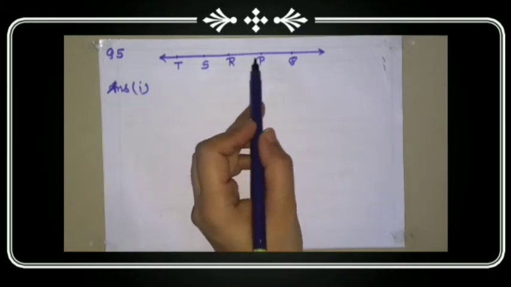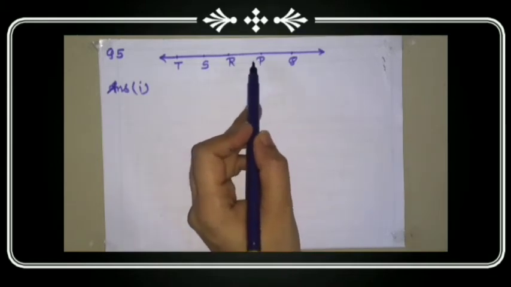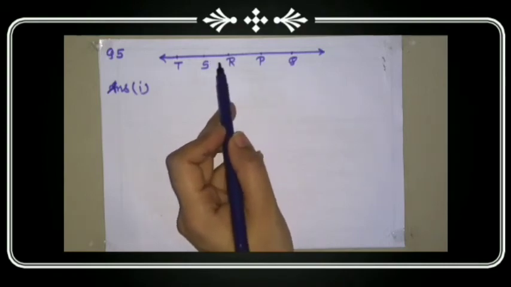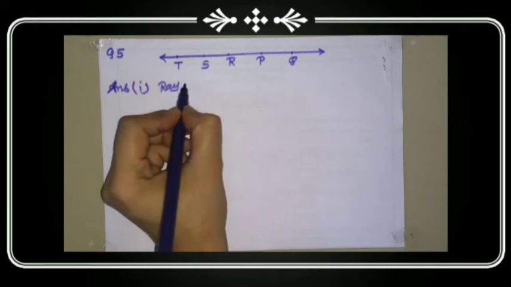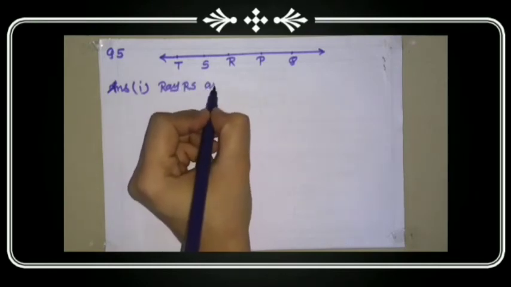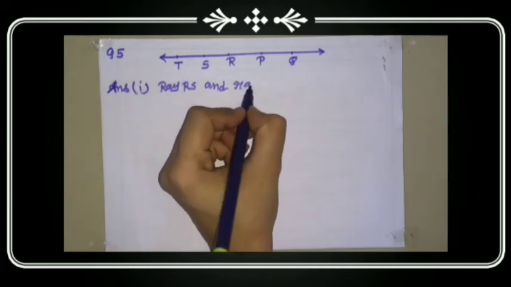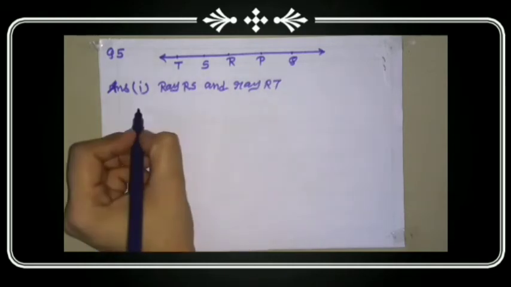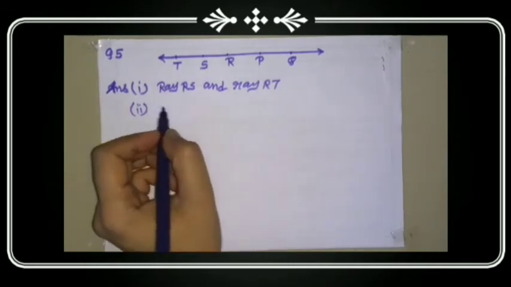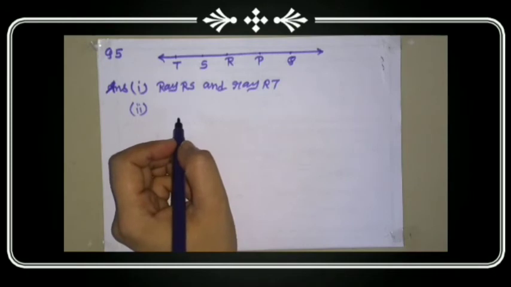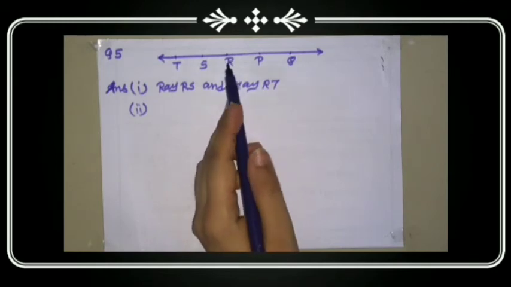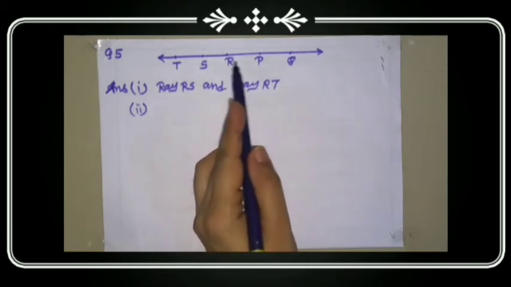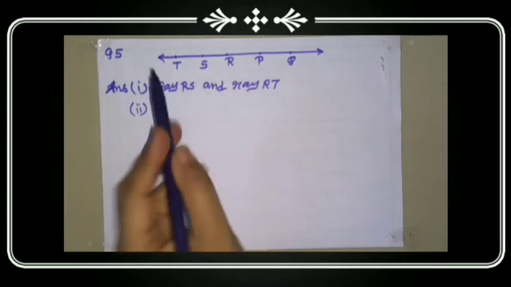The opposite rays of ray RP are ray RS and ray RT. Second, write the intersection set of ray PQ and ray RP. The intersection set of ray PQ and ray RP is point P.